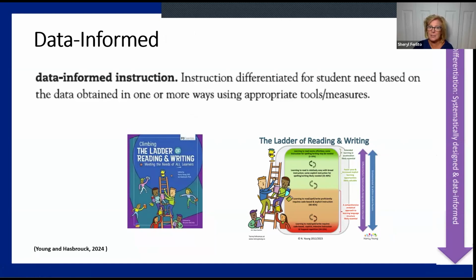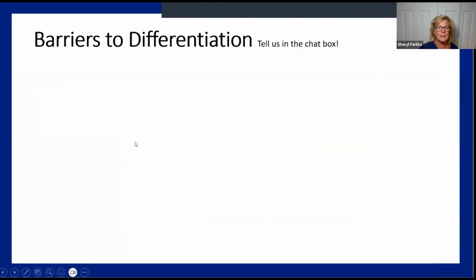Differentiation for student needs based on data obtained in one or more ways using appropriate tools and measures. We'll dip into appropriate tools and measures in just a minute, but that's what we're talking about when we're talking about data informed instruction. We differentiate with good data because that helps us understand the learner. I went through that kind of quickly.